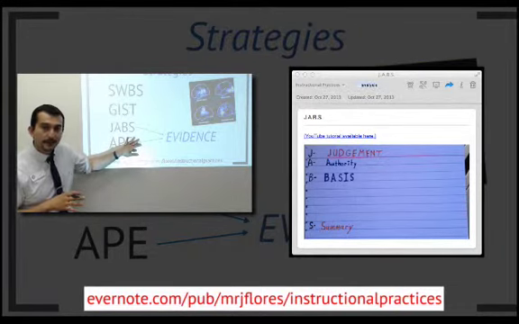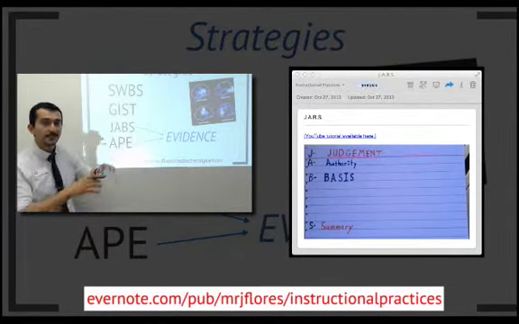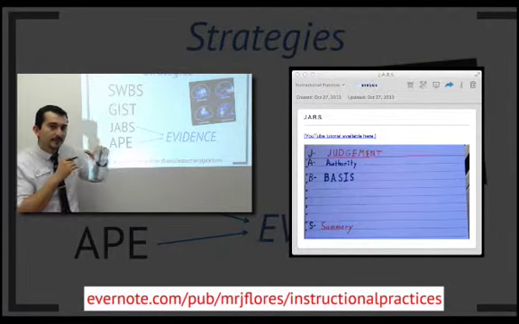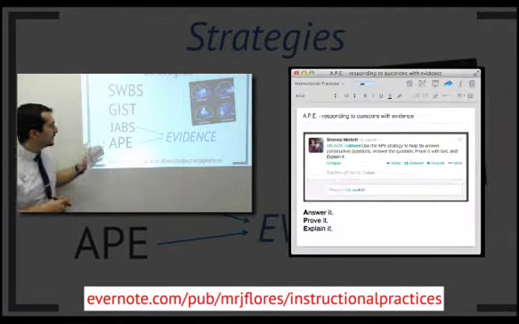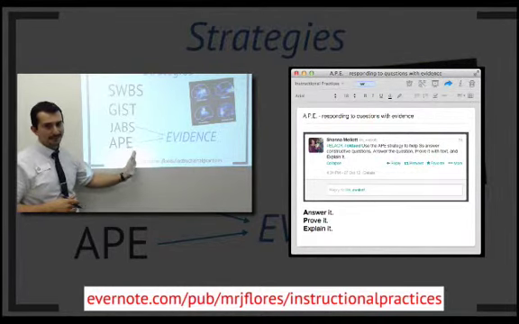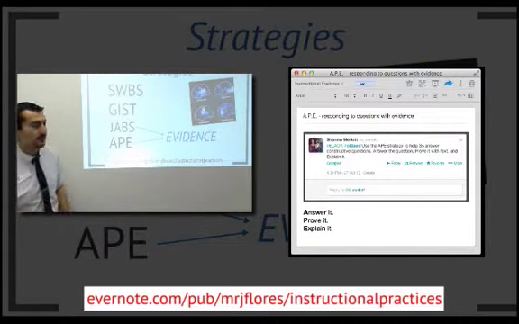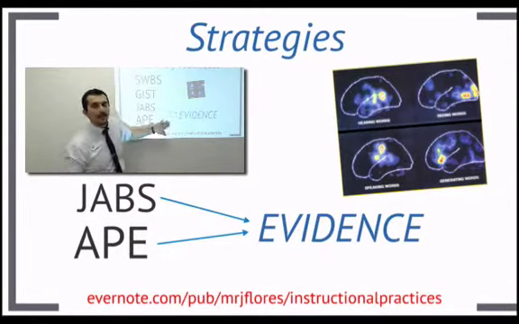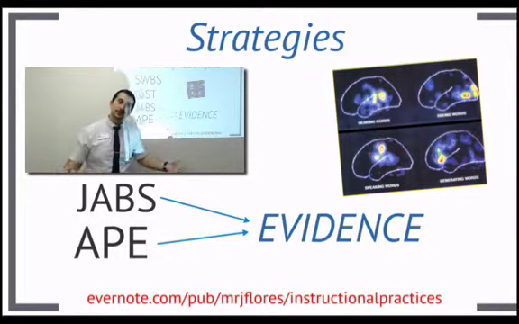Great for argument texts, not just getting in an argument, but arguing, looking at an argument on text, not actual jabs. But APE stands for Answer It, Prove It, and Explain It. That's what I just learned about on Twitter last night. The JABS and the APE techniques, which are both focused on looking at evidence, which is our topic for today.